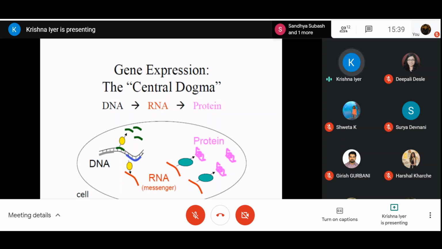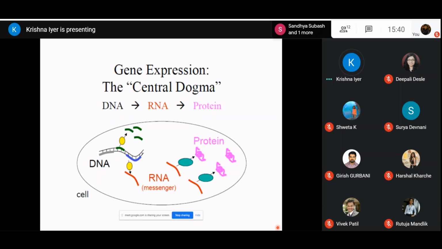So we will begin our story with the discussion of what we call the central dogma, which is the way information flows in biological systems. We said that most of the information in a biological system is stored in the form of DNA, and this DNA serves two functions.